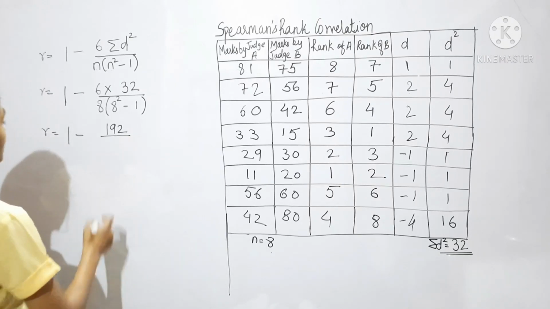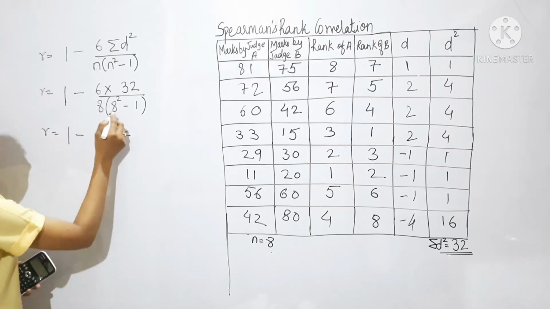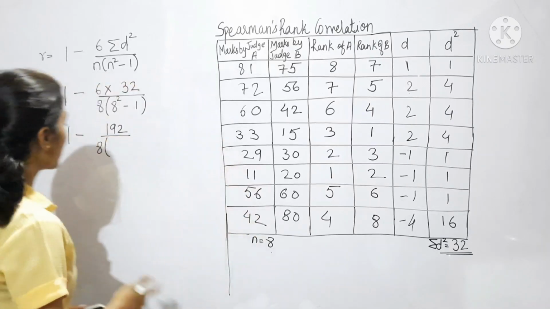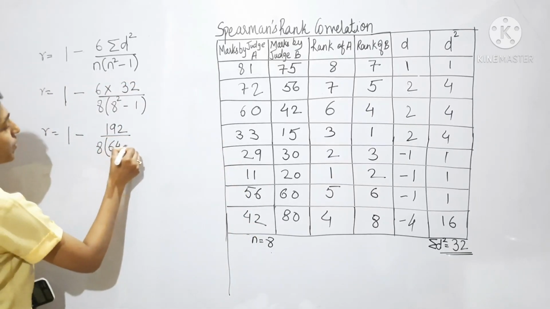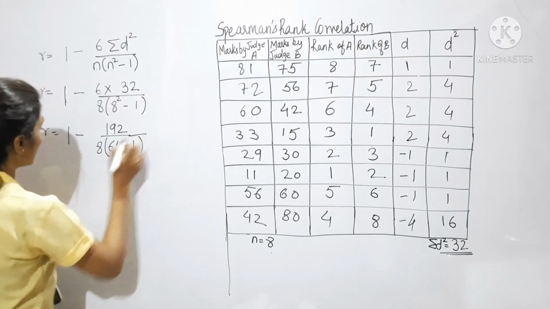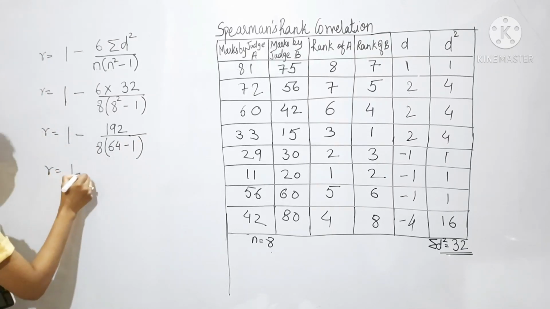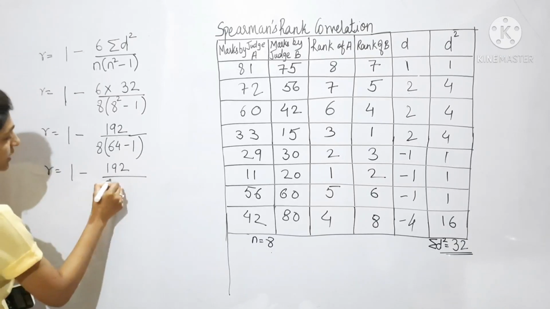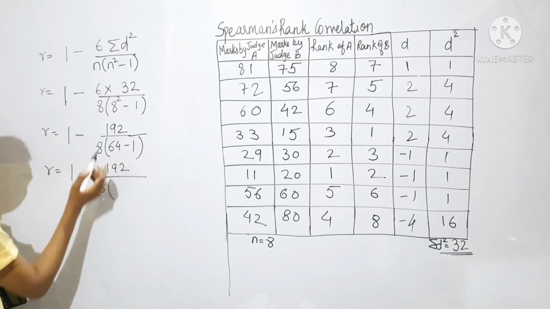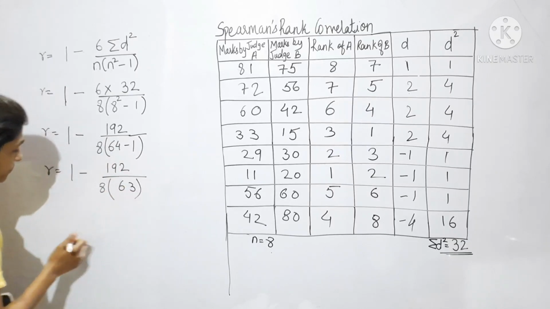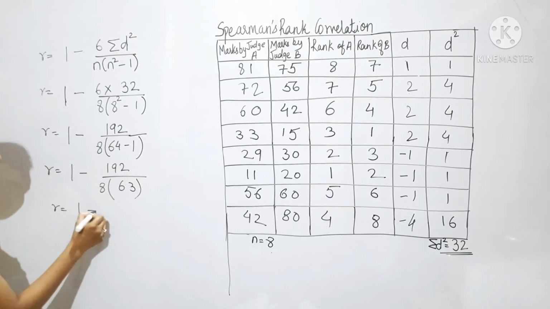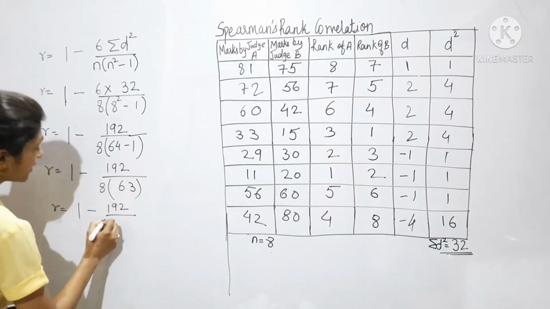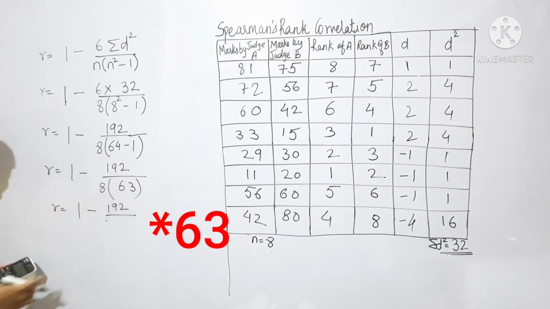Mention it in the chat box. Now 8 as it is. 8 square is what? What is the square of 8? 64 minus 1, bracket close. r is equal to 1 minus 192 over 8 into, now 64 minus 1, 63. r is equal to 1 minus 192 divided by 8 into 63.